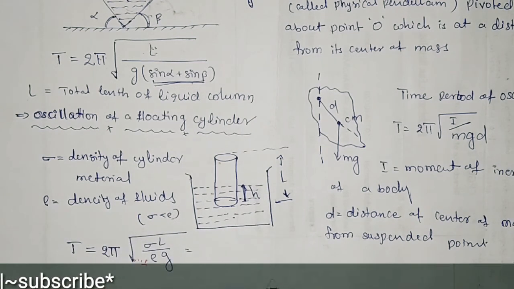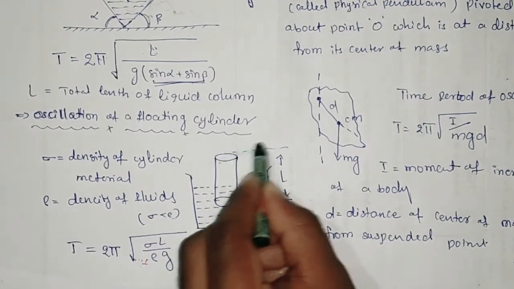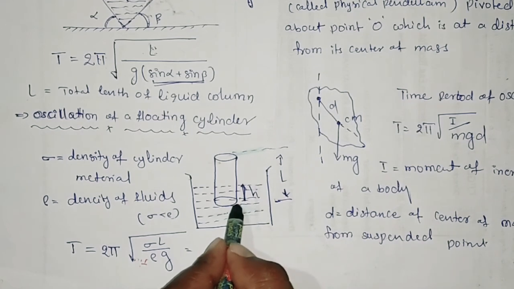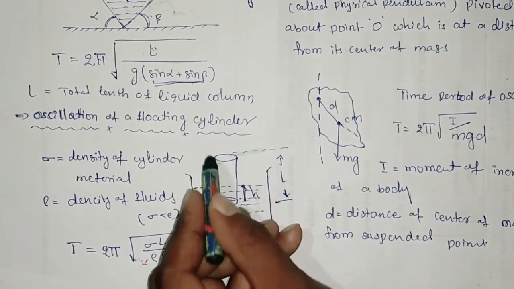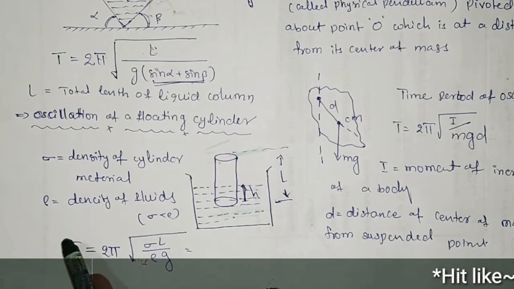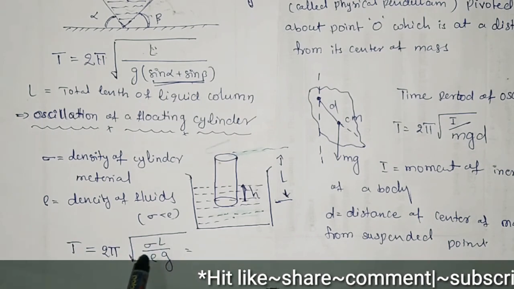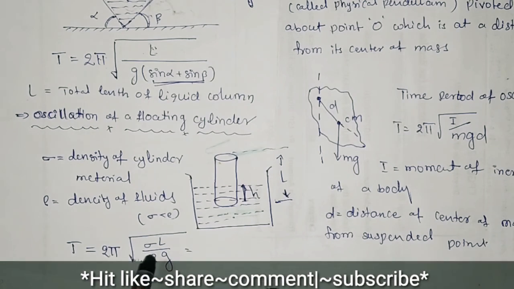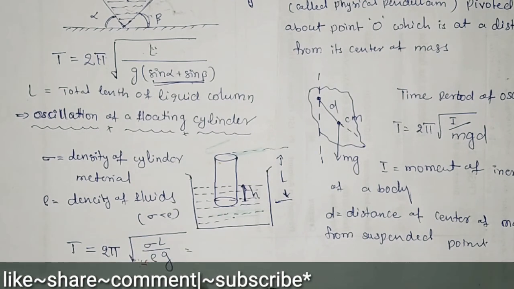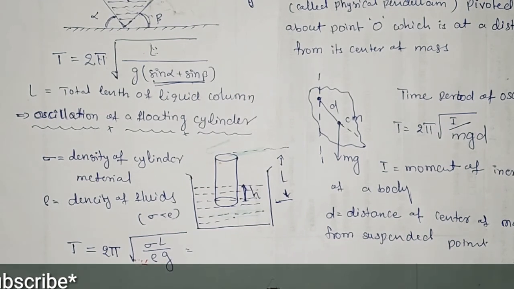We see this diagram: this is water, and this is the cylinder. The density of the cylinder is sigma, and the density of water is rho. Then the formula is T equal to 2 pi under root of sigma L by rho g.